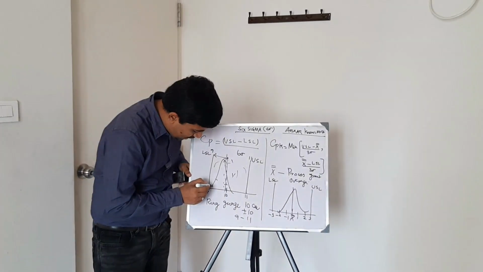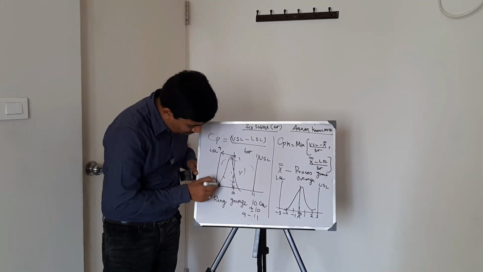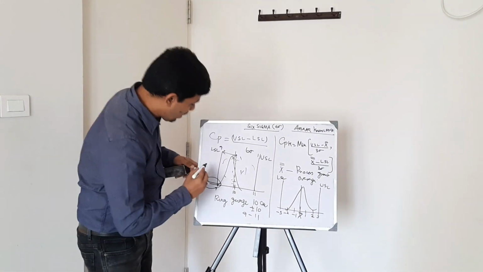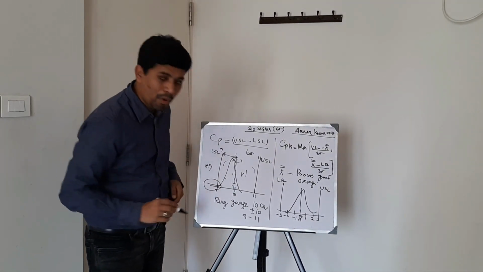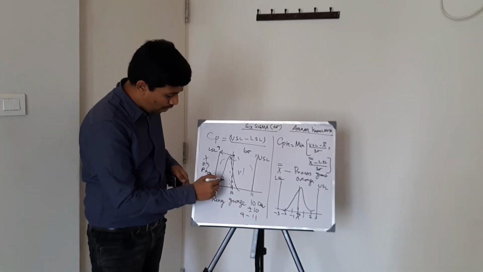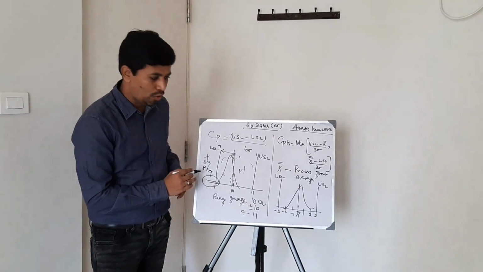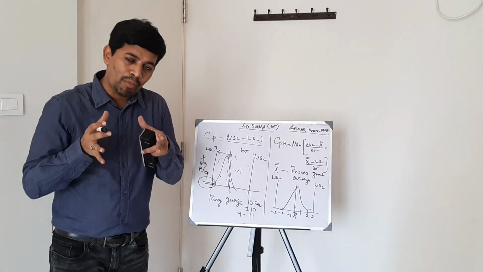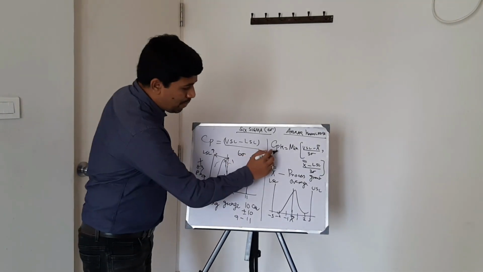Anything that goes beyond this will turn into rejection. Let's say you end up producing 8.9, that will be rejected, 8.8, that will be rejected. Anything outside of this spectrum will be rejected.